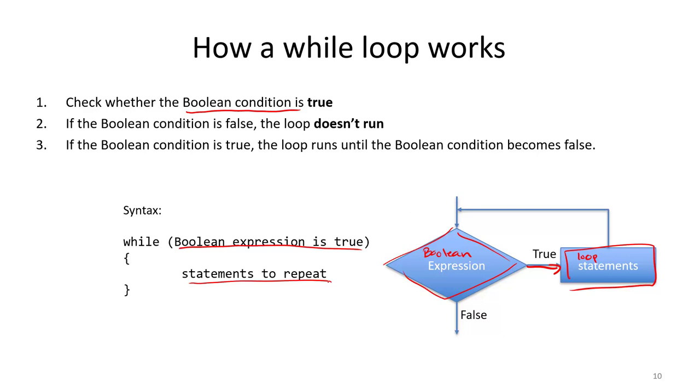And then notice, if the Boolean expression is false, the loop doesn't run at all. So if I'm not hungry, then I don't even run the statements, I just pass straight through to the next section of my program. But the other thing that happens is that the loop will keep running until the Boolean condition becomes false.